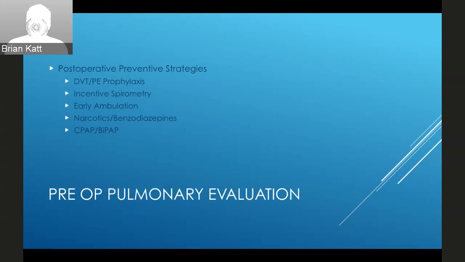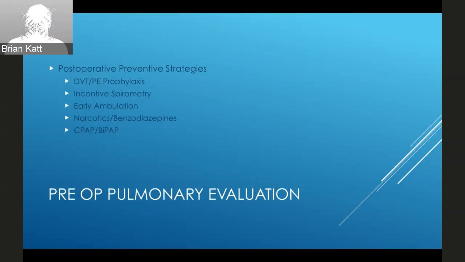So what are some post-operative preventive strategies we can use now that we've identified some of our risk factors for post-operative complications? What are some preventive measures we can use to reduce this risk? Certainly deep venous thrombosis and pulmonary embolism risk should always be at the top of our list and top of our consideration.